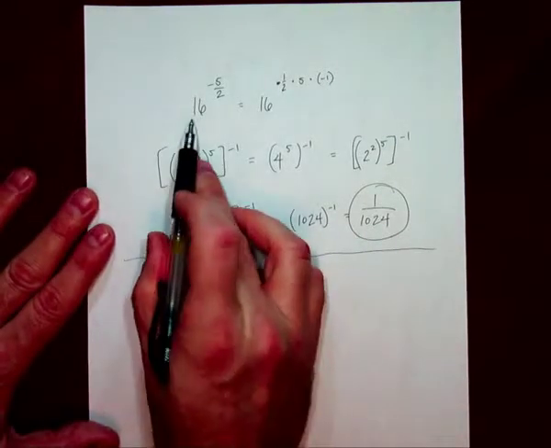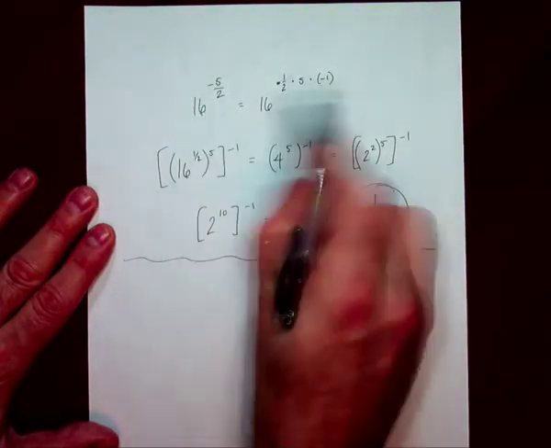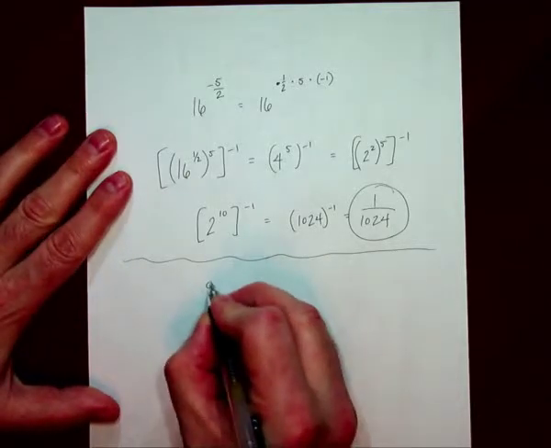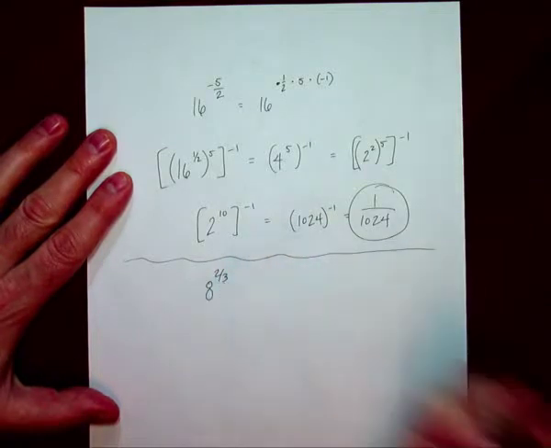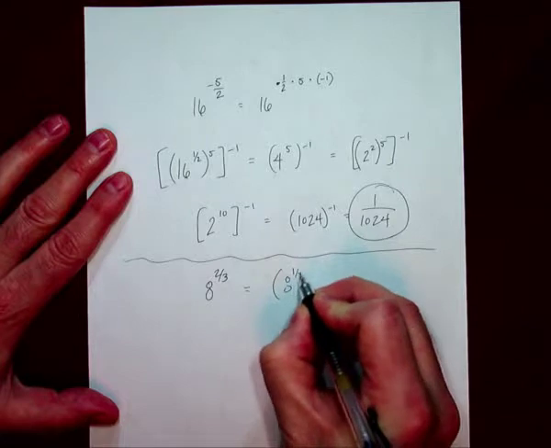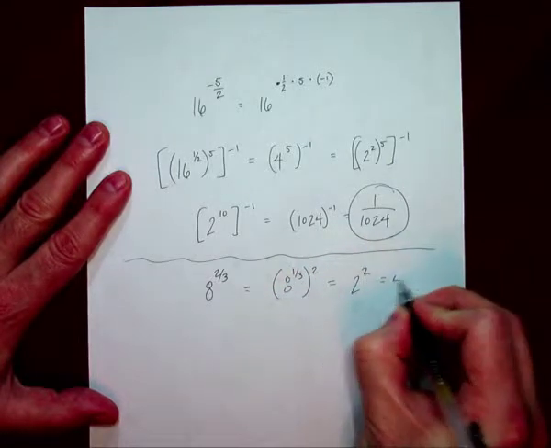That's really not up to me. But what I do need you to do is recognize what is going on here, and ask yourself the question of what is the most strategic way to go about doing it, okay? But some of them will be easier. It'll be like 8 to the 2/3. And of course that winds up being 8 to the 1/3 squared, which is 2 squared, or 4, right?